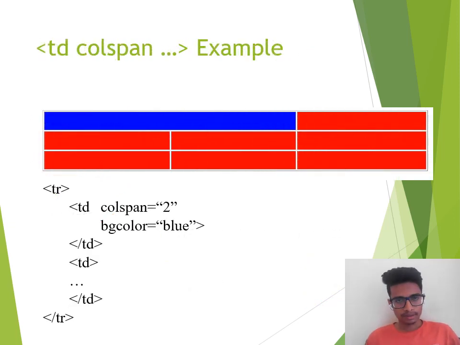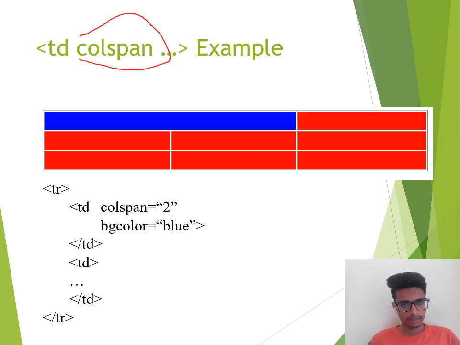So we have TD colspan, that is what I referred to in the previous slide. Colspan is used if you need to merge two columns. So this is the attribute used to merge two columns. As we need to merge two columns here, we use a table row, tr, and td is table data.